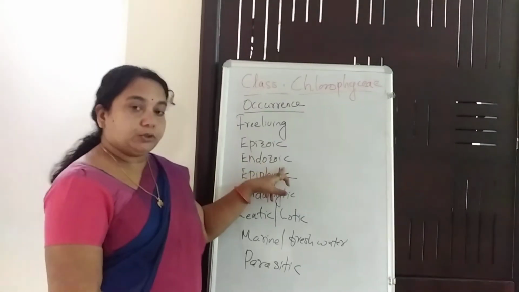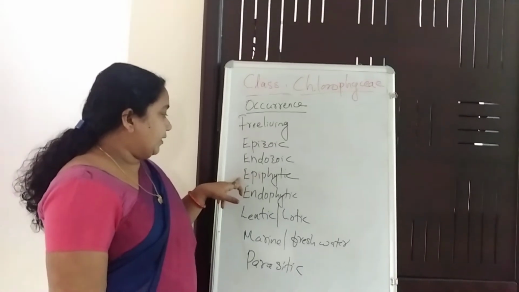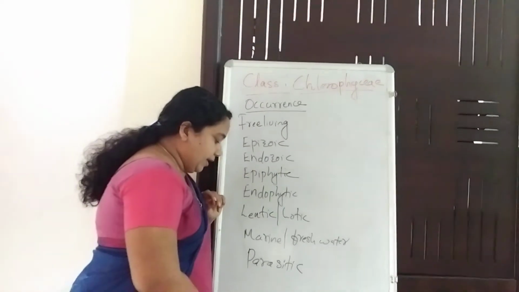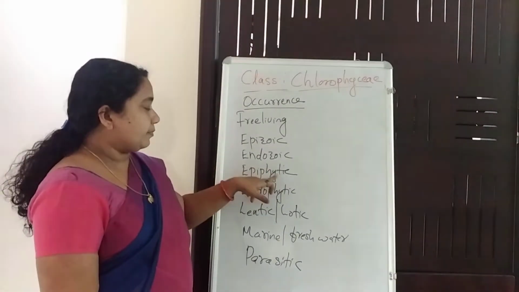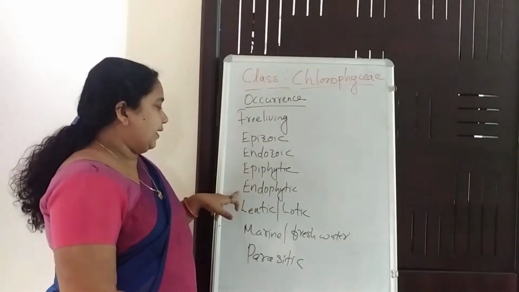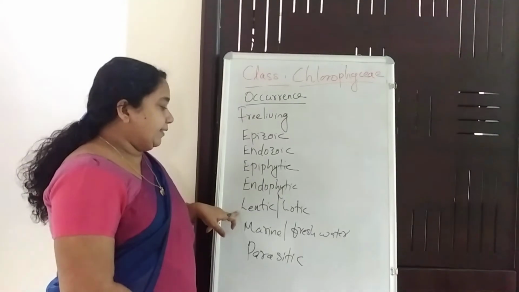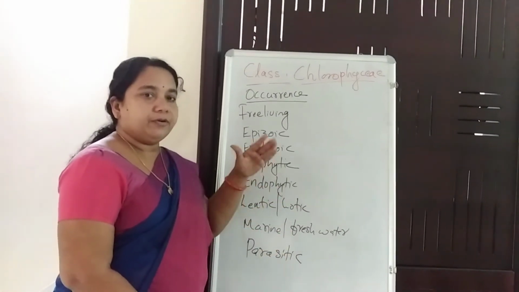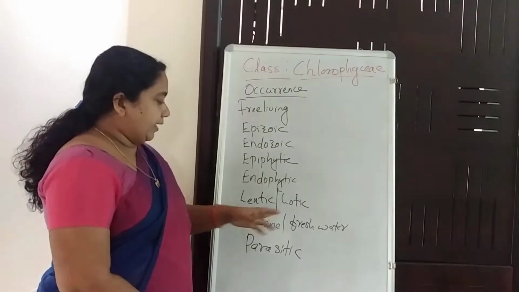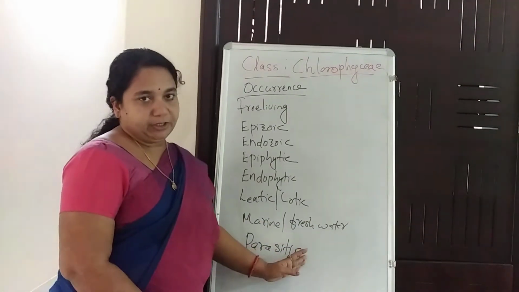Then endozoic type. Then another one is epiphytic type. Epiphytic type means which lives on the plant surface. Then endophytic type, lentic or lotic, that is at the bottom of the water or in the shallow water. Then marine or freshwater and parasitic forms.